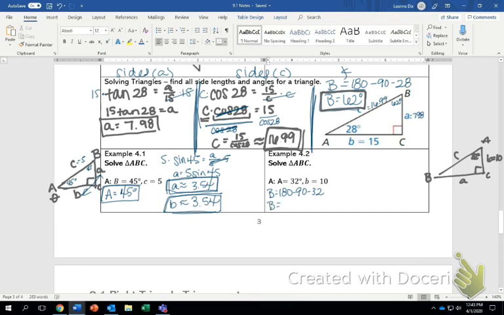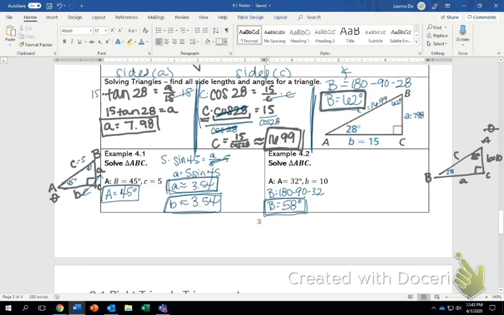So therefore, B is going to equal 58 degrees. Now we can spend the rest of our time finding our other pieces. So I'm going to put 58 degrees here. We'll put theta up here with A, with our 32 degrees.